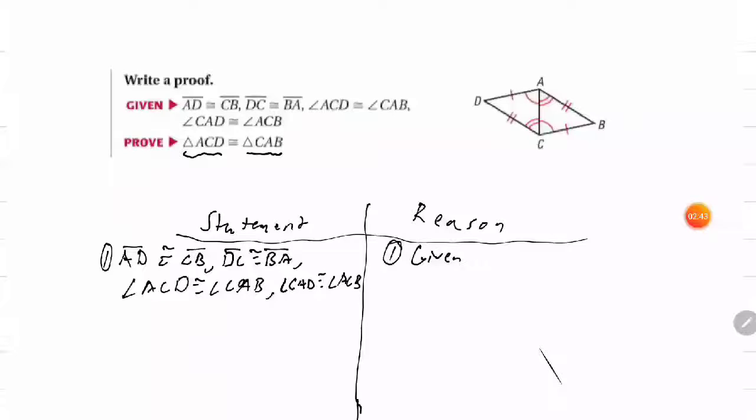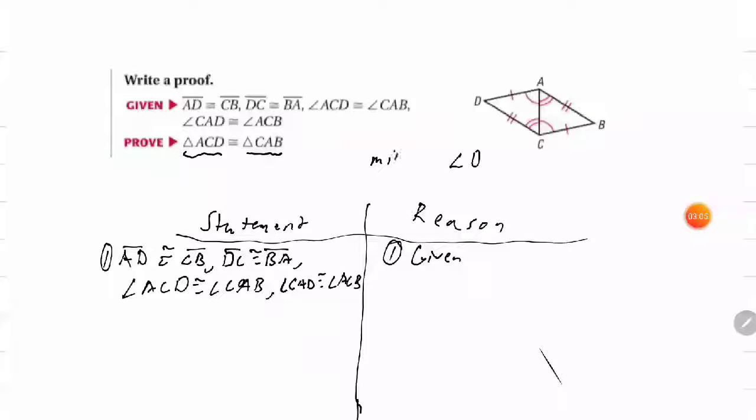We need to show that all corresponding parts are congruent. So we need to show all the corresponding angles are congruent, all the corresponding sides are congruent. So what's missing? Angle D. So we're missing angle D.